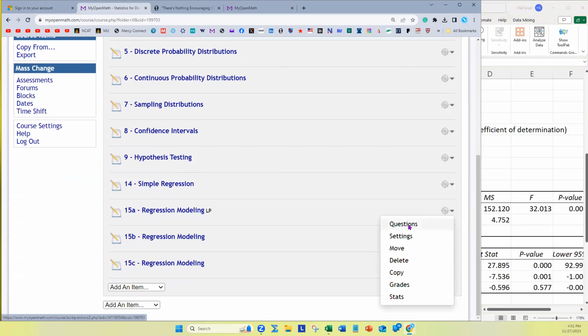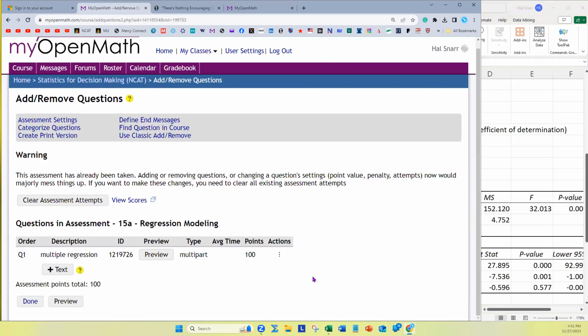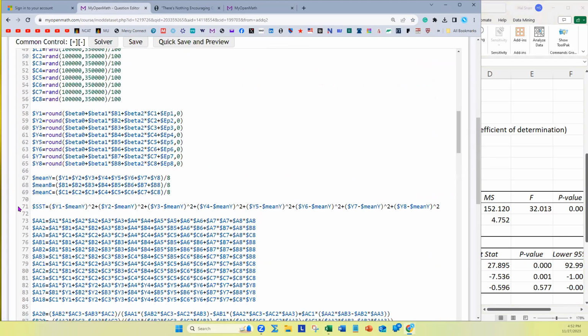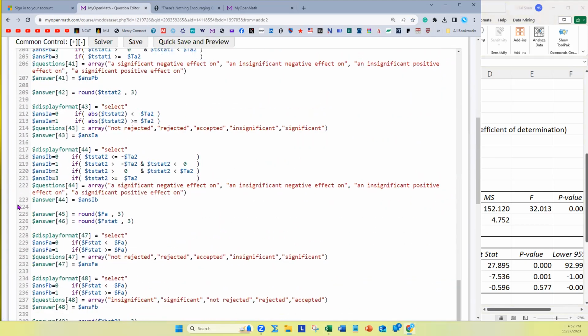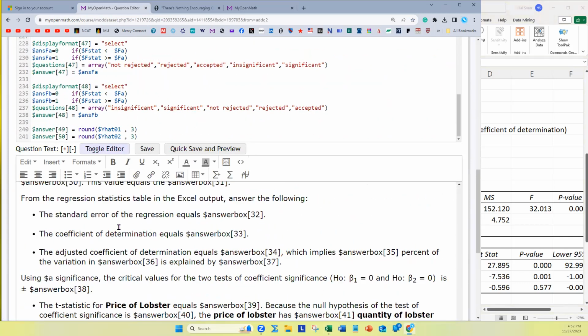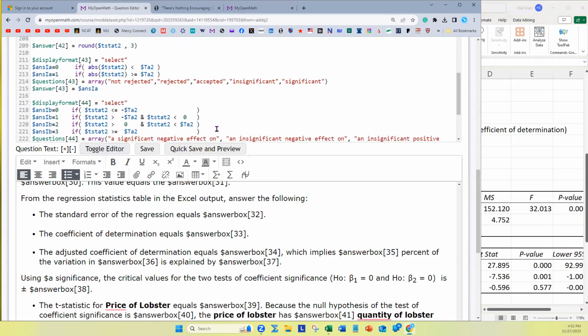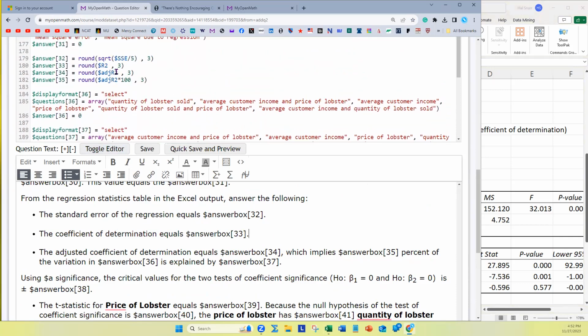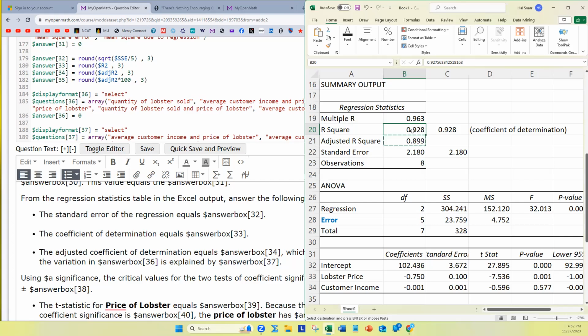Yeah, that's weird. Yeah, that should have worked. R square, 0.928.